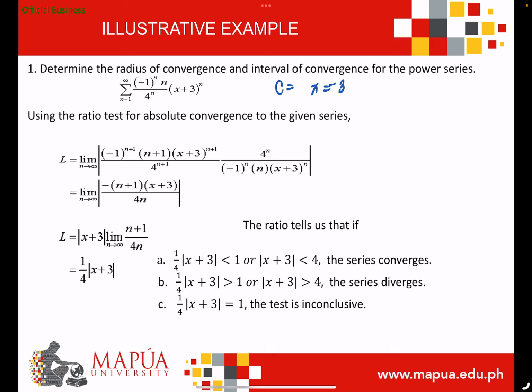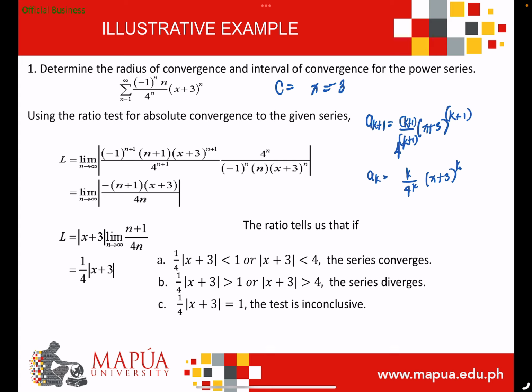For the ratio test, we have a sub k plus 1 with k plus 1 over 4 raised to k plus 1 times x plus 3 raised to k plus 1, while a sub k is k over 4 raised to k times x plus 3 raised to k.